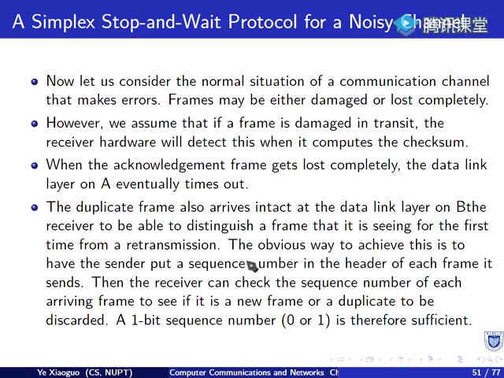To be able to distinguish a frame that is seen for the first time from a retransmission, the obvious way is to have the sender put a sequence number in the header of each frame it sends.